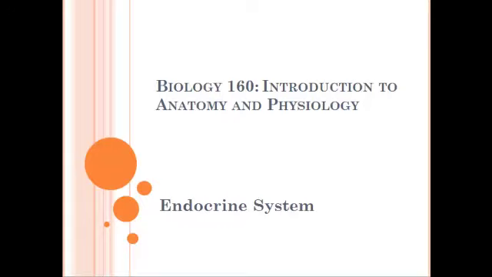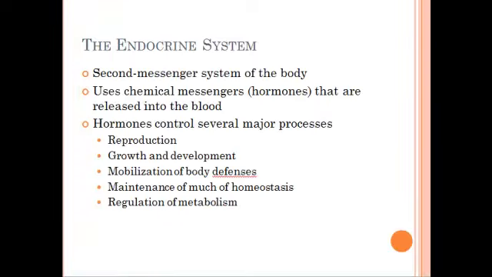So this is kind of like the second controller, the sister system to the nervous system in controlling our body. There are some differences here. And some of them are, first of all, that the nervous system, as you know, is basically an electrical system.